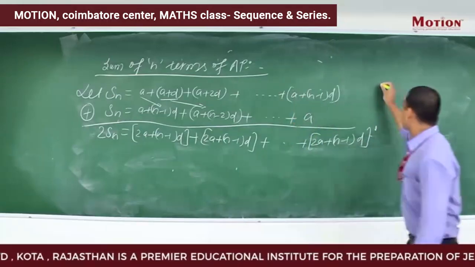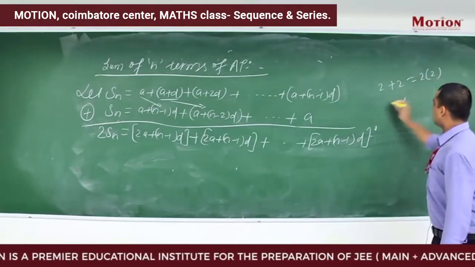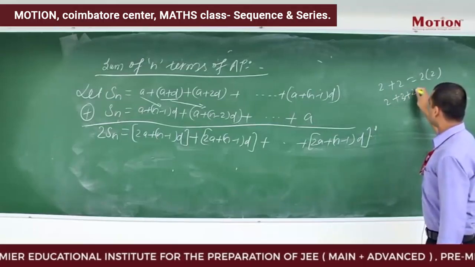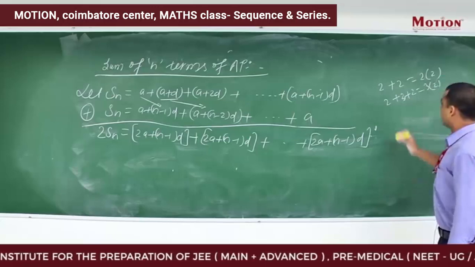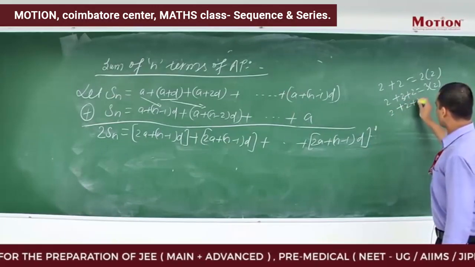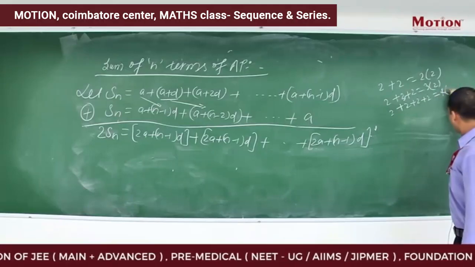How? See this, if 2 is repeating 2 times, we can multiply 2 into 2. If 2 plus 2 plus 2, this term is repeating 3 times, so we multiply 3 into 2. If 2 plus 2 plus 2 plus 2, this term is repeating 4 times, so I multiply 4 into 2.